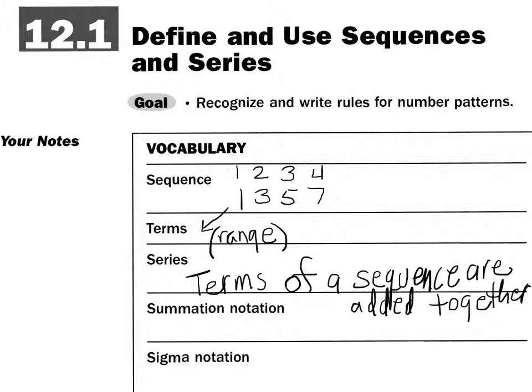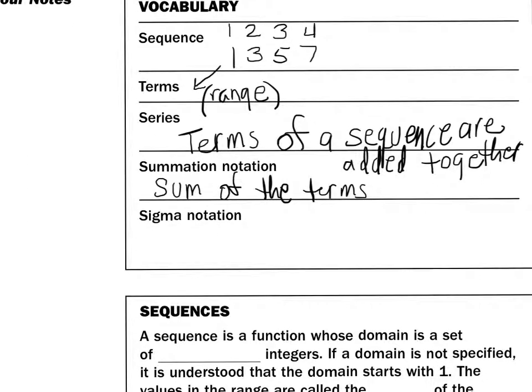It's a notation that represents the sum of the terms. Sigma notation is another way to say that, and we use this Greek letter sigma to show that we're going to add these terms together. So let's talk about this more.